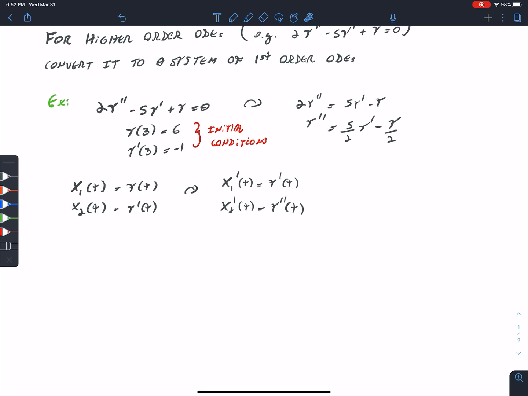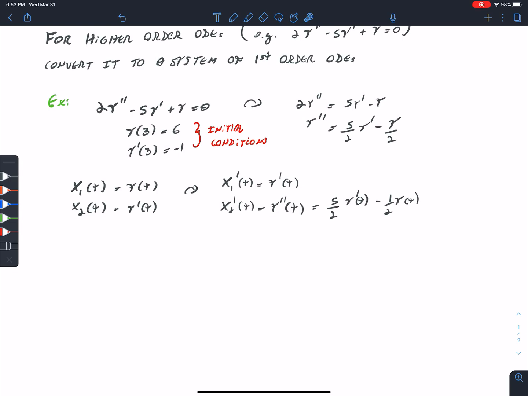And if you notice, y double prime is exactly what we need to define the variable x2. So let's plug that in here, and we'll have that this quantity will be 5 over 2 y prime of t minus 1/2 y of t, right?